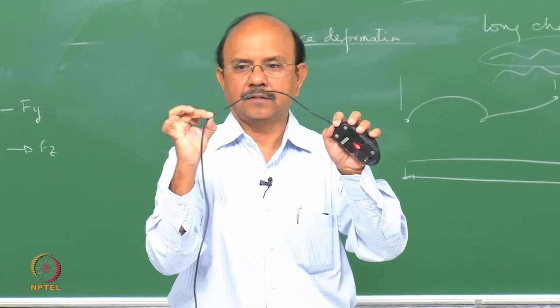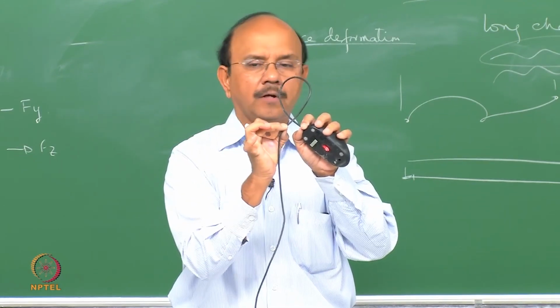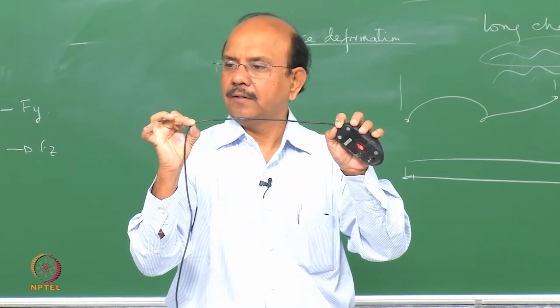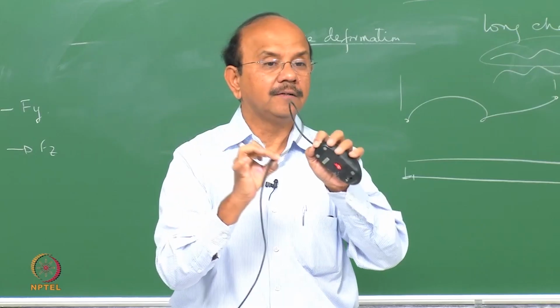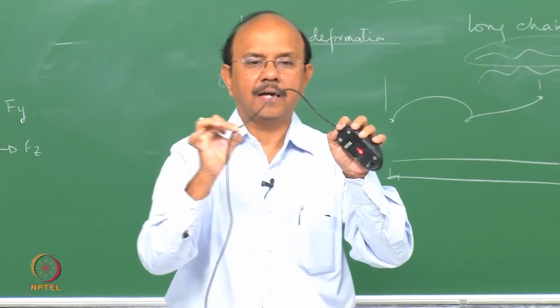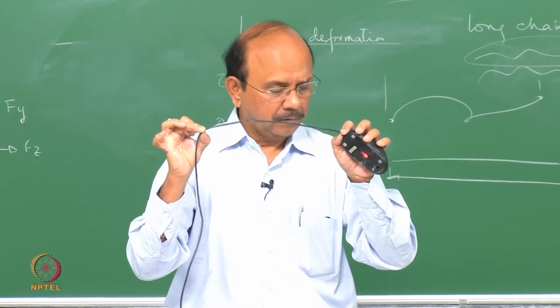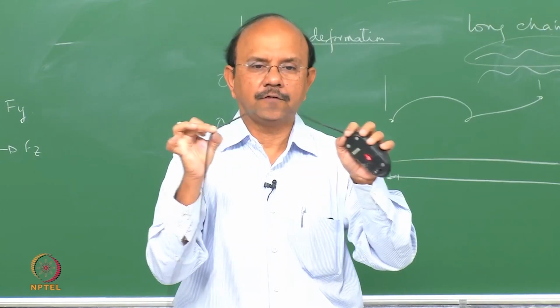When I stretch it, look at how much I'm able to stretch. Look at how much my hand moves. Actually I am not disturbing the bonds like what I did in the previous case. What I did was to straighten this out. Look at that difference.